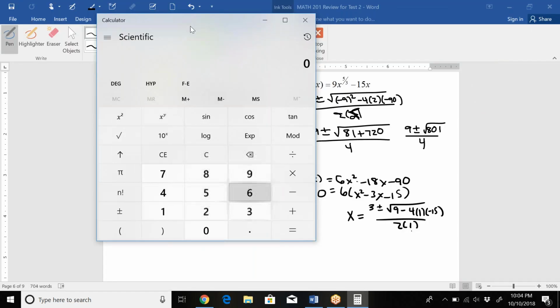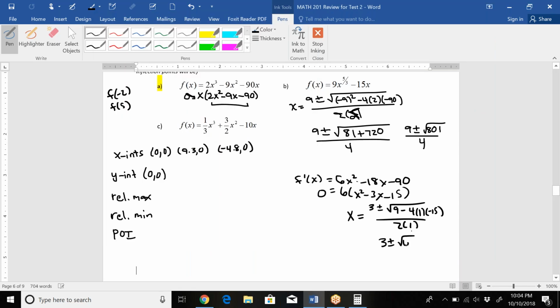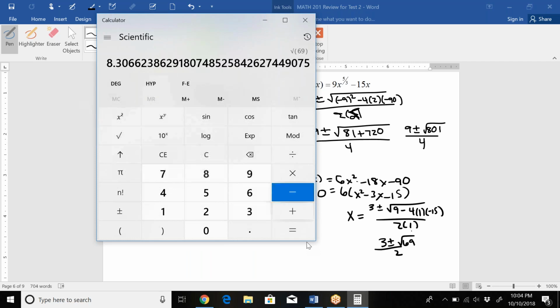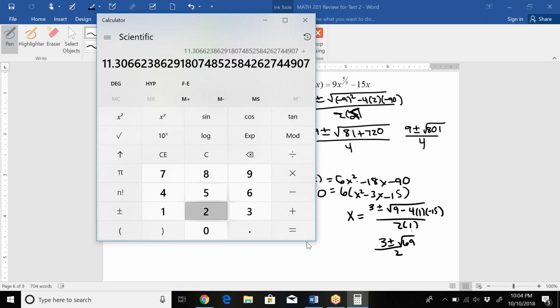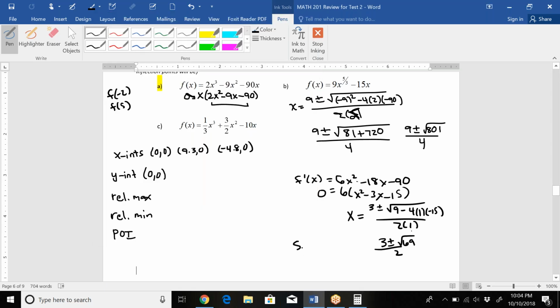So that is 4 times 15. So that's 60 plus 9. So this is 3 plus or minus the square root of 69 over 2. Square root of 69 plus the 3, and then divided by 2. That's the 5.65. So one of them is 5.65. The other one is negative 2.65, I believe, but let's double check.